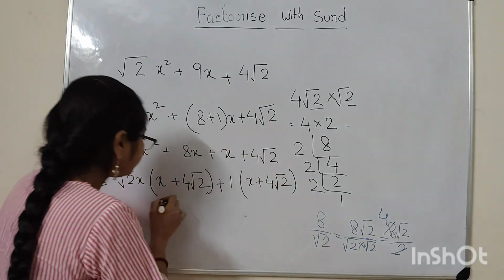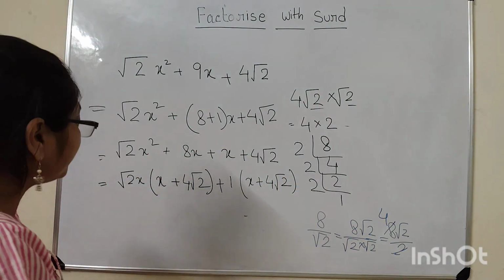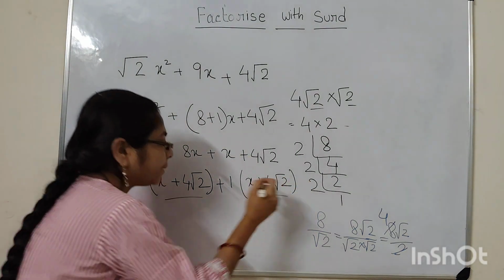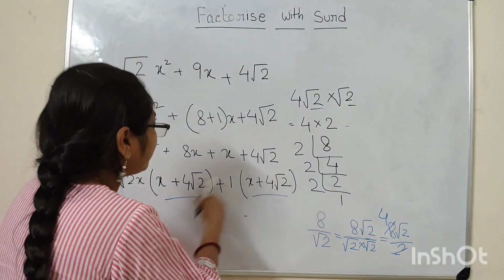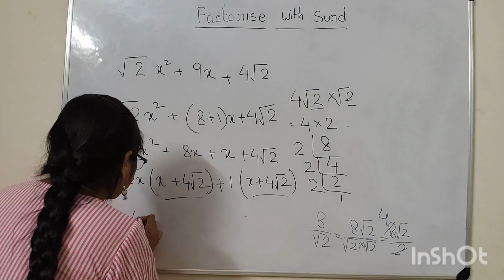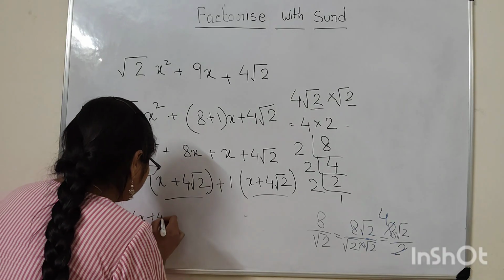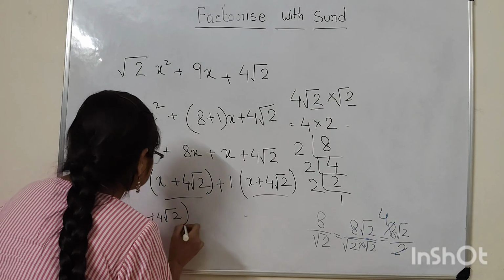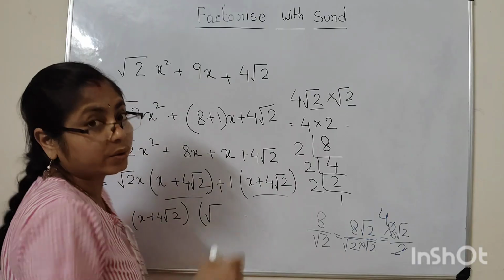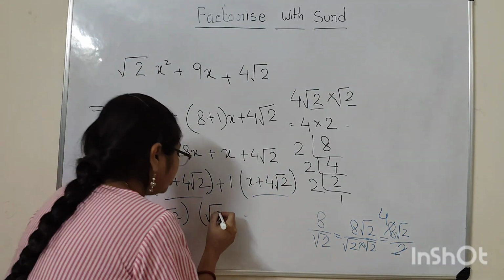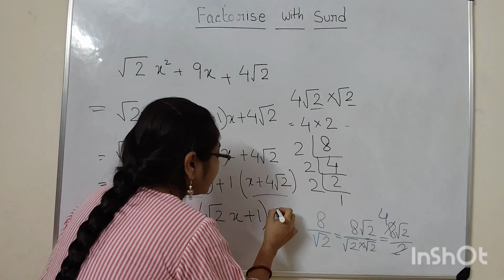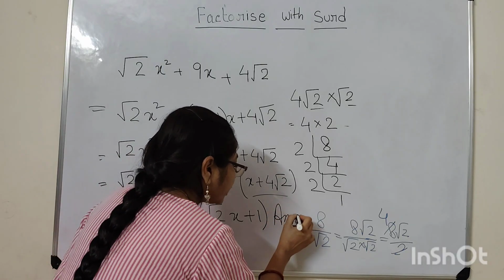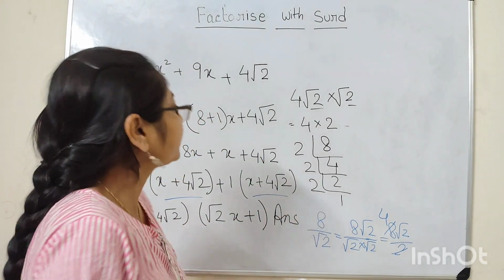If this common factorization part is the same, then you understand the math is okay. So from both sides you take x plus 4 root 2 and what's the other one left? 2 root 2 x plus 1. It is our answer. Okay, is it clear?